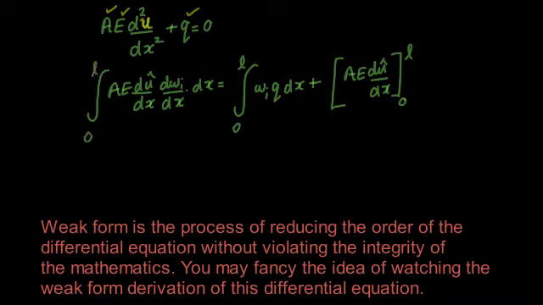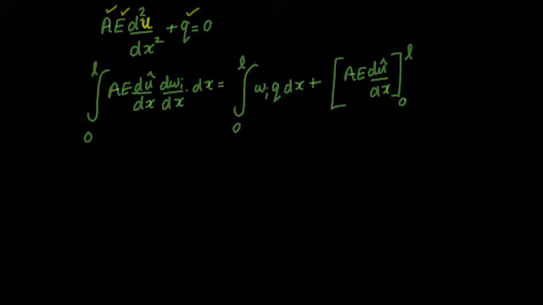All the terms I think by this time you should be familiar with. Wi stands for the weighing function. A is the cross-sectional area. E is the Young's modulus. U is the displacement. And Q is the rate of loading. So you are familiar with all these terms, and we have derived this particular weak form in a very methodical manner.